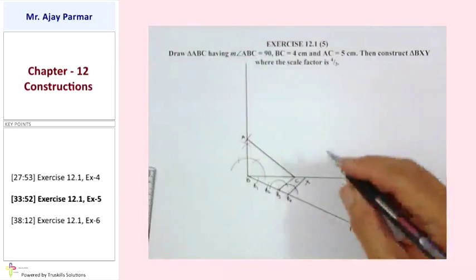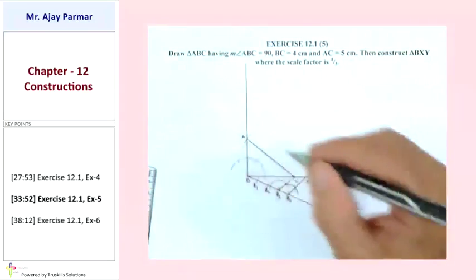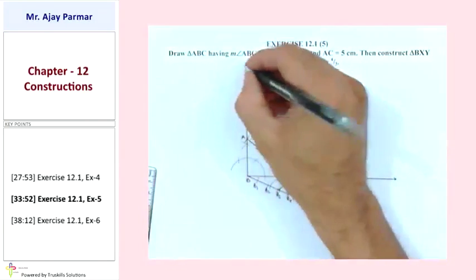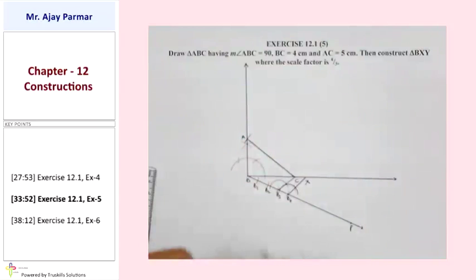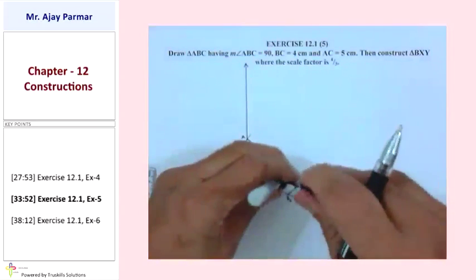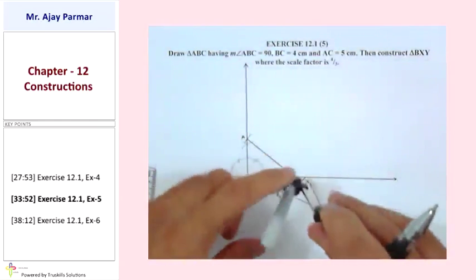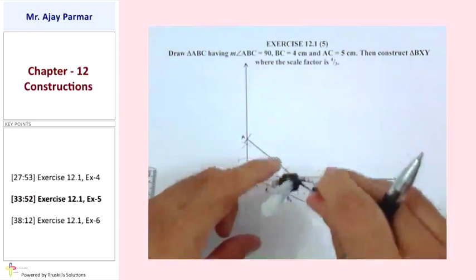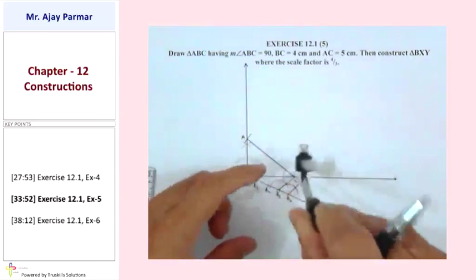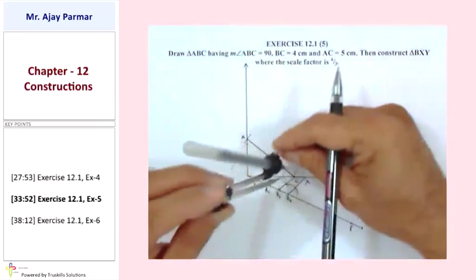Now, from point X, we are supposed to draw another ray. Let us close this, and for that, C is the center. Any suitable radius, take up a small radius, and same radius, take X as the center. Measure this radius, whatever this radius might be.